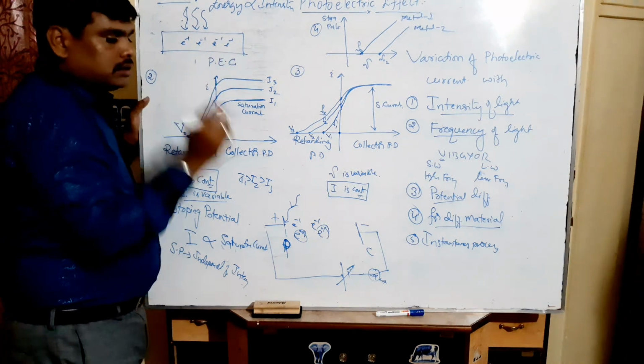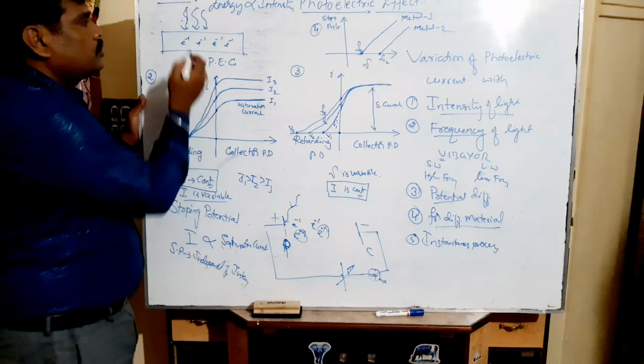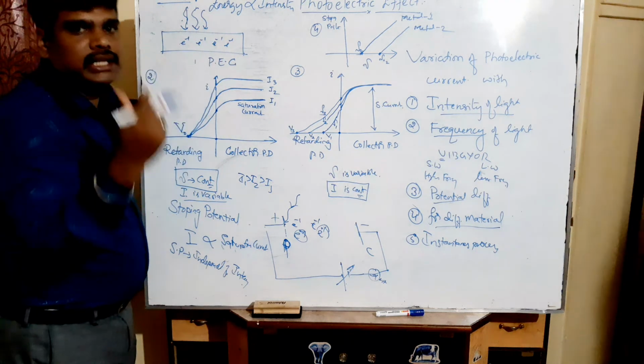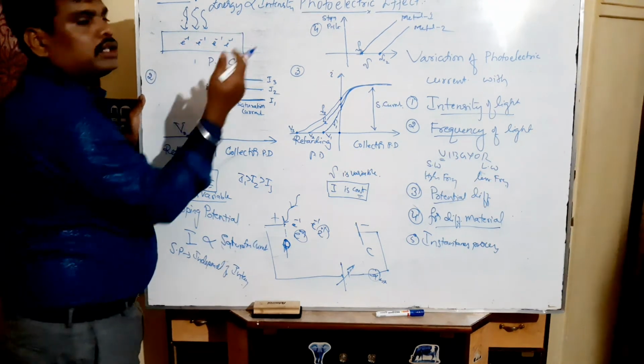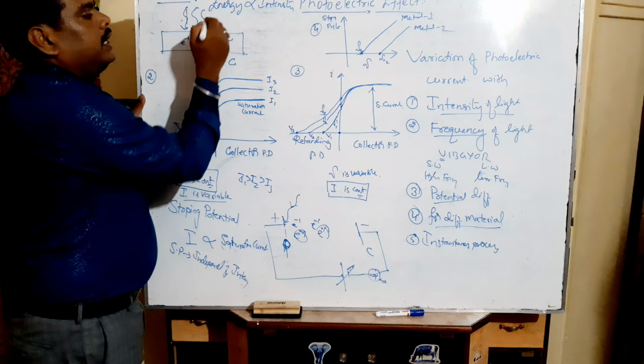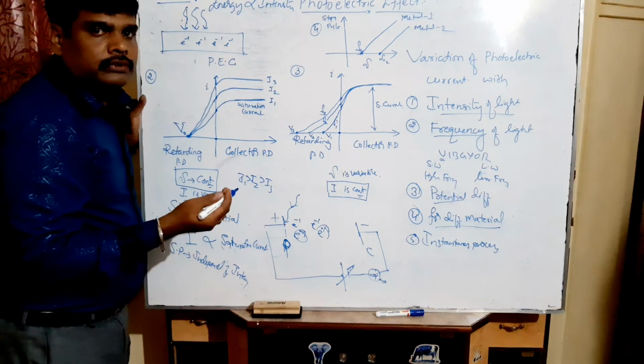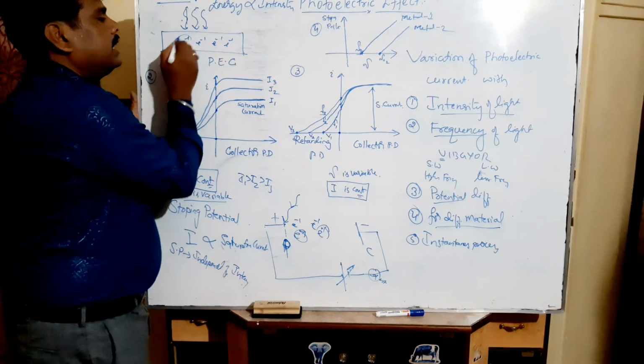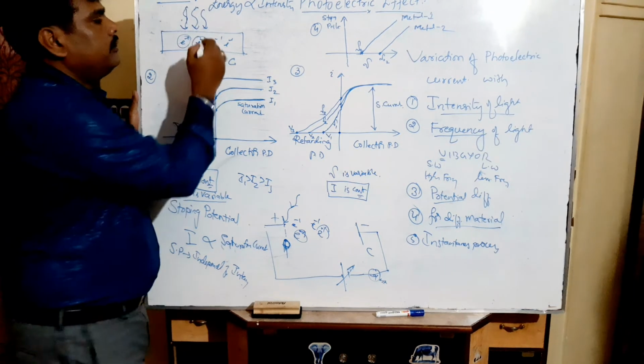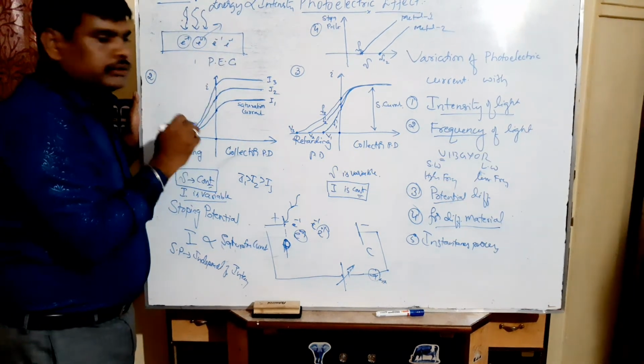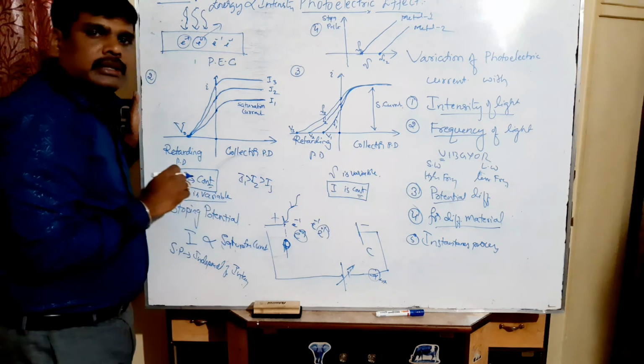Since these electrons are very large in number, the share each gets will be very small. To remove the electron, we have to supply light for a very long time, and then the electron will acquire sufficient energy and come out from the metal surface. This is again contrary to the experimental observation.